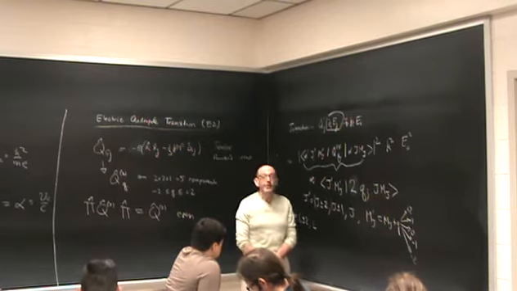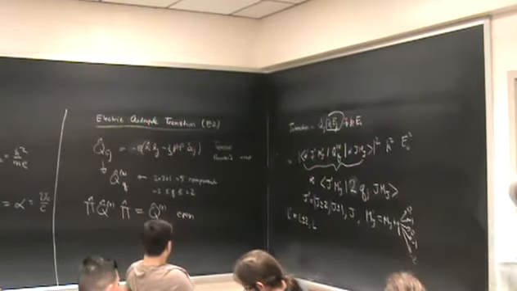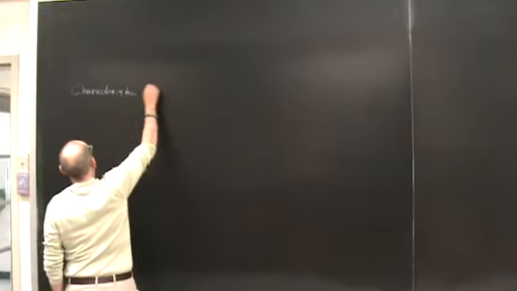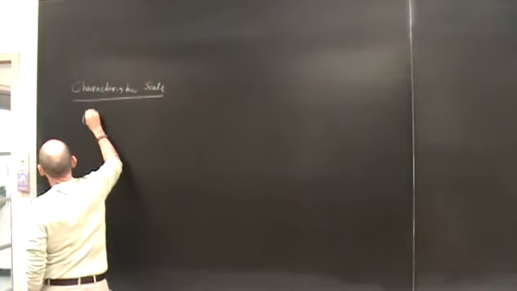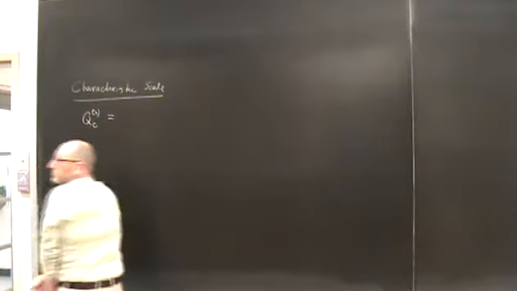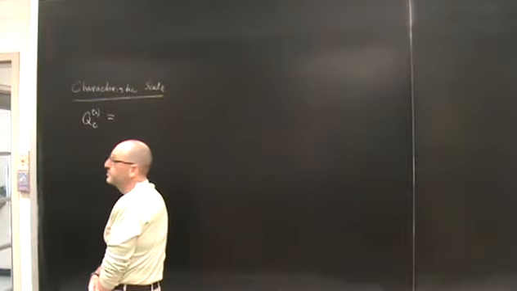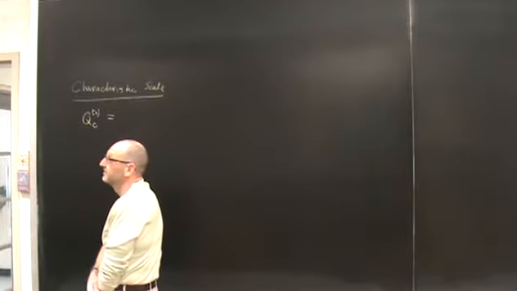So first of all, what is the characteristic scale of a quadrupole for an atom? What would you guess? Just looking at the form of it.